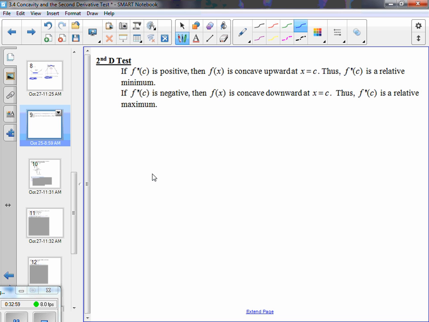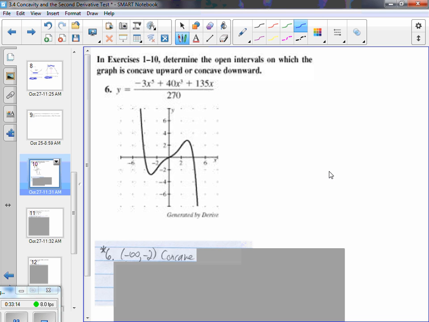That's it. All right, so turn to page 195. And we'll start visually. Let's start with number 6.